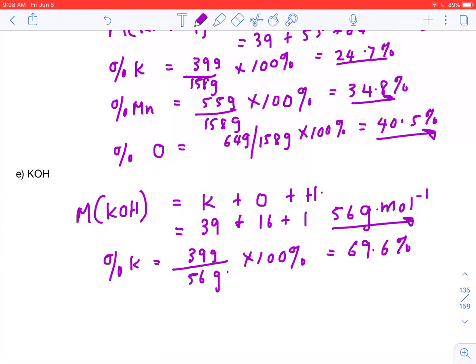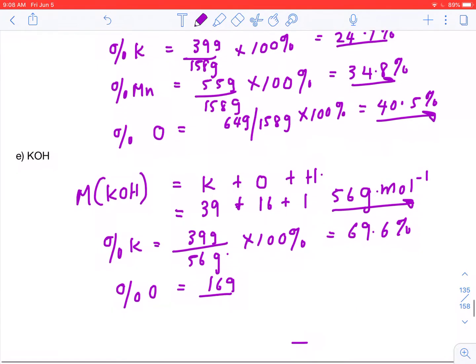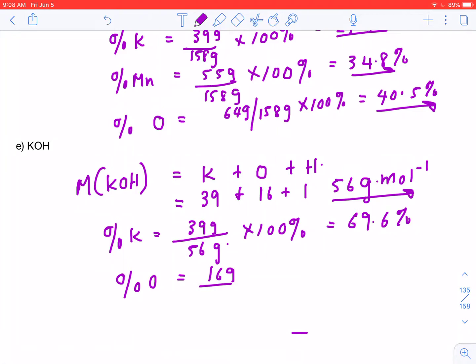That's percentage potassium. Now if I say percentage of oxygen, that would be 16 grams upon 56 grams times 100%, and that gives me 28.6%.